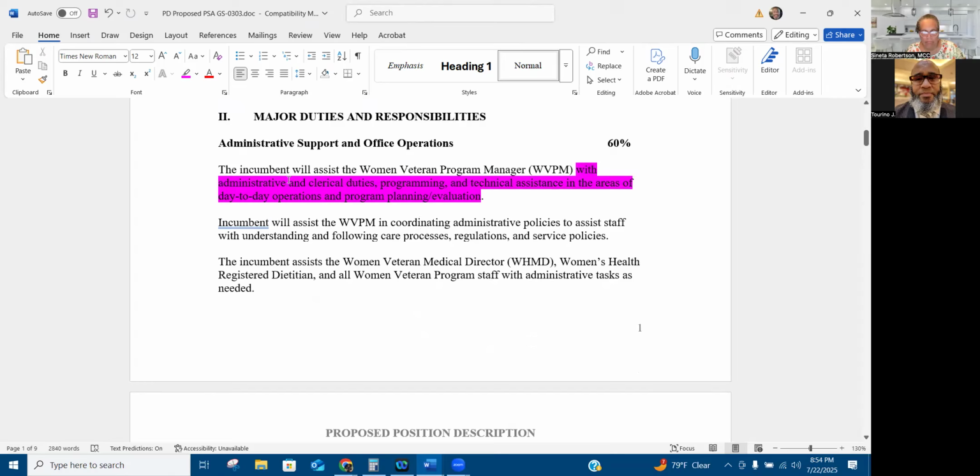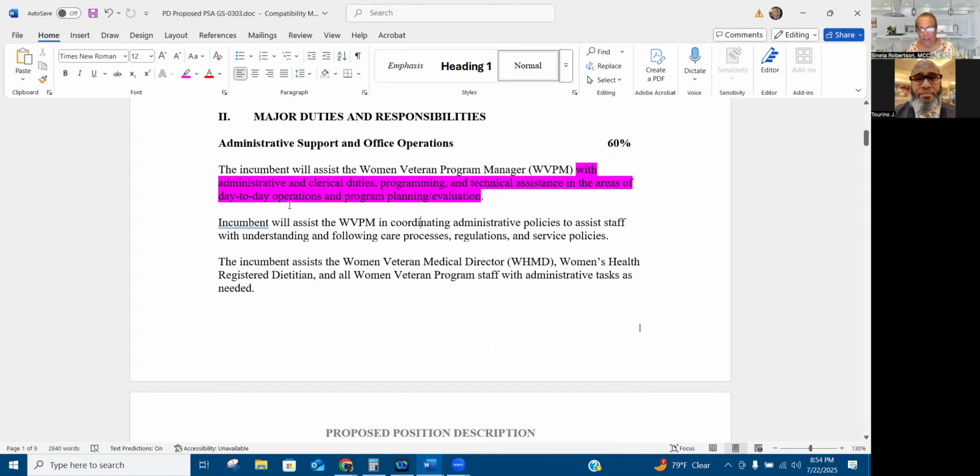Well, they probably shouldn't have, because they use the word administrative. Well, there are administrative functions in every office that are done at a clerical level.